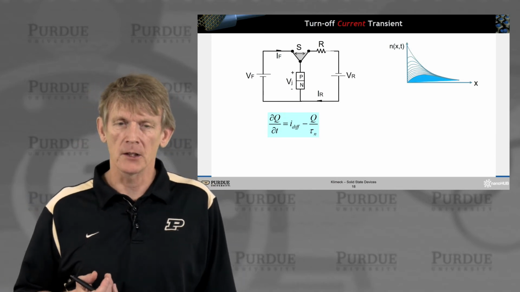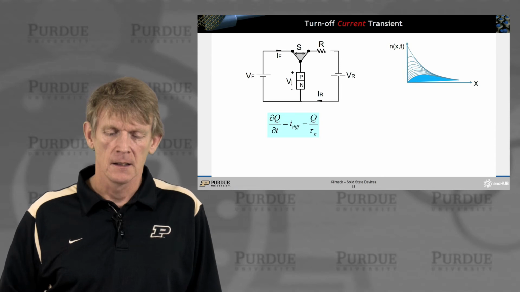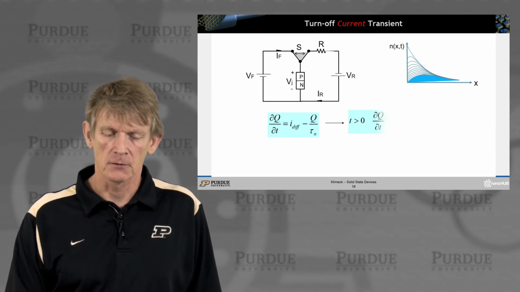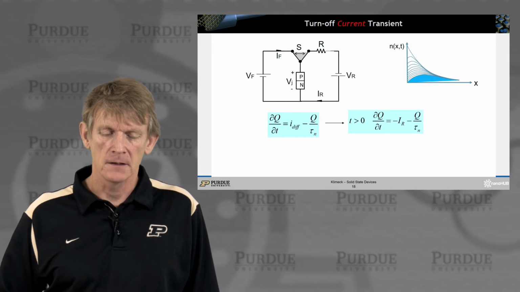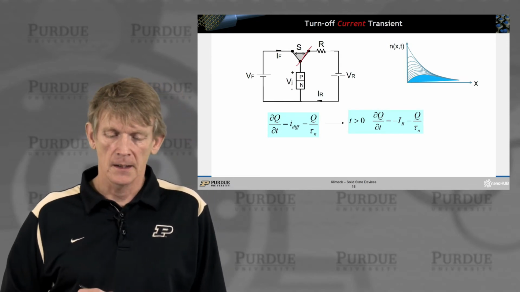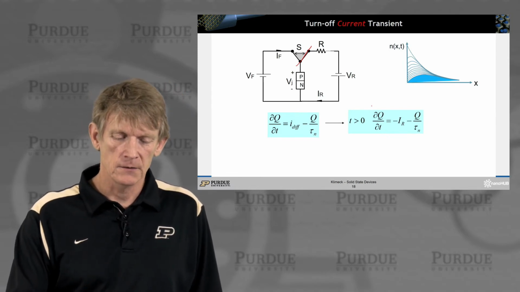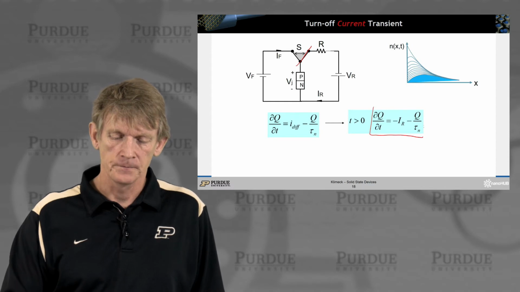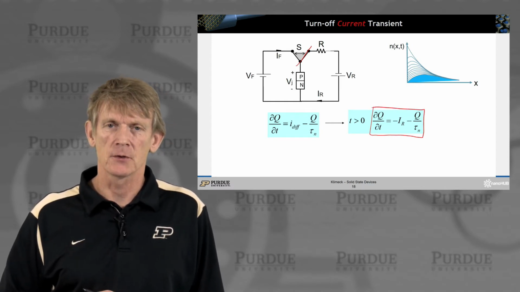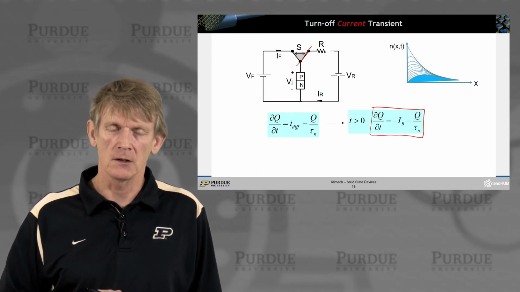The way to think about it is this way. You have this charge in the minority carrier region, and it's an integral charge. Now we're flipping the switch, and we want to calculate this charge control expression for times greater than 0. That's the differential equation we want to solve.